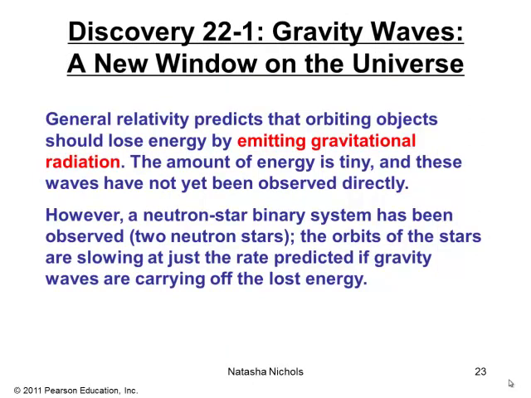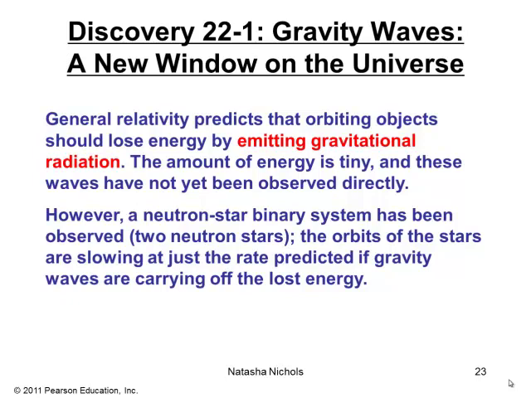General relativity predicts that orbiting objects should lose energy by emitting gravitational radiation. The amount of this energy is tiny, and these waves have not yet been observed directly. However, a neutron star binary system has been observed.